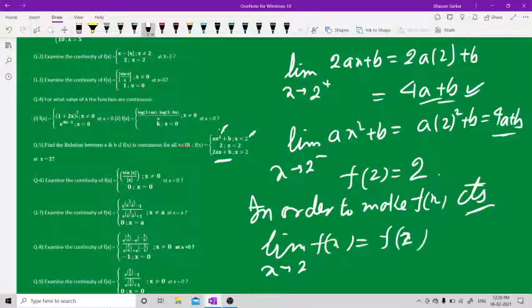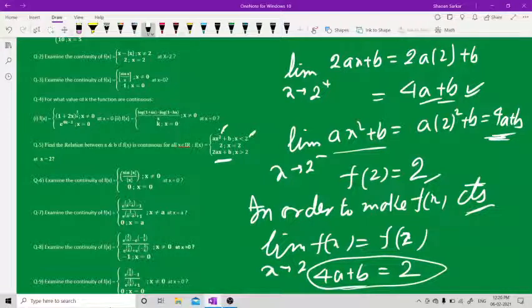So what is this? 4a plus b. 4a plus b equal to 2. So this is the relation between a and b. Done. Similarly, you will do this question.